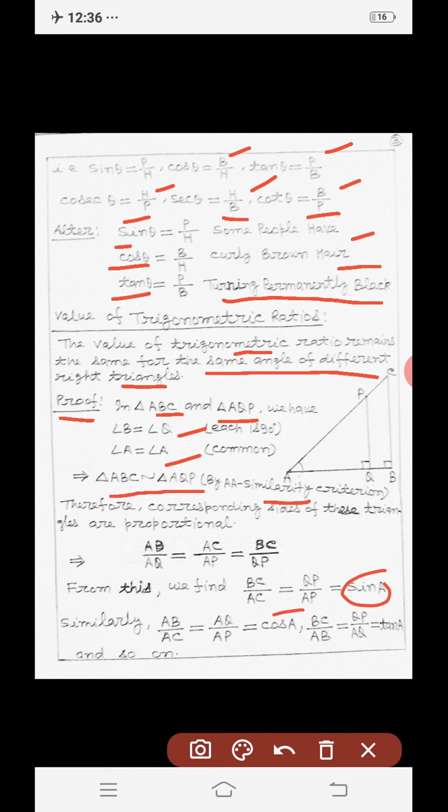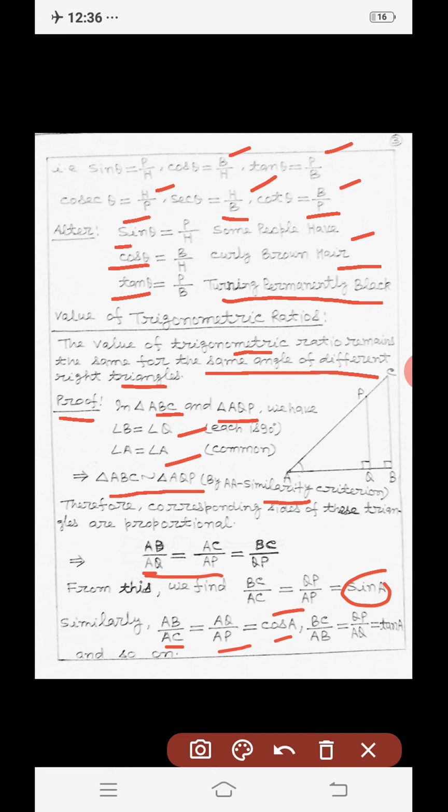Similarly, the third relation is AB by AQ is equal to AC by AP, and on the basis of this we can write AB by AC is equal to AQ by AP, and this is equal to cos A. From the figure we can see.